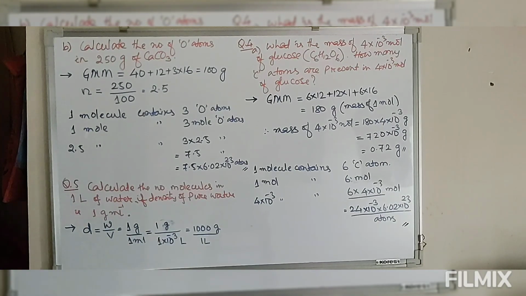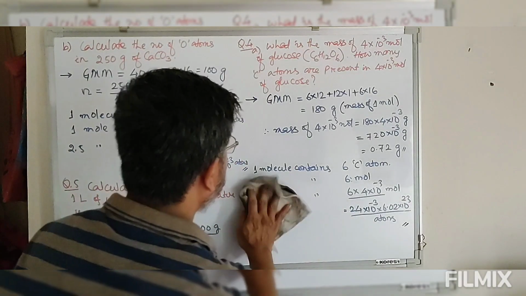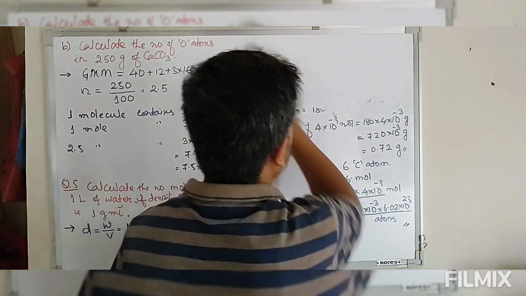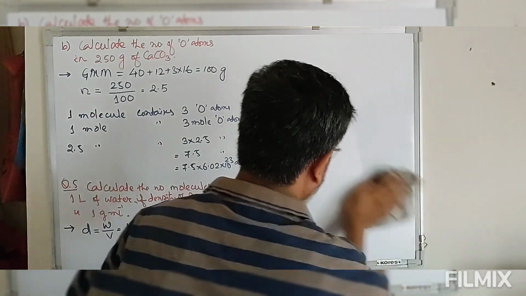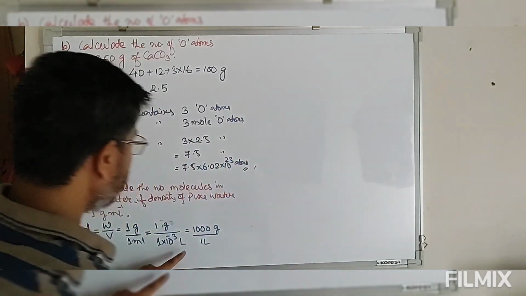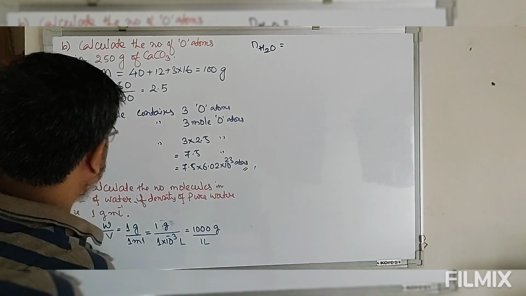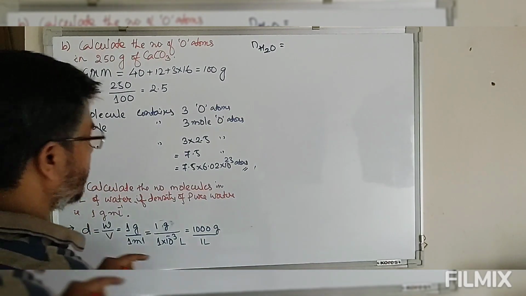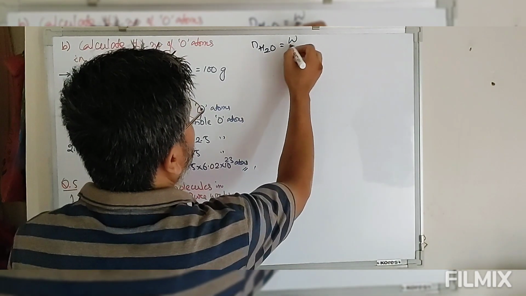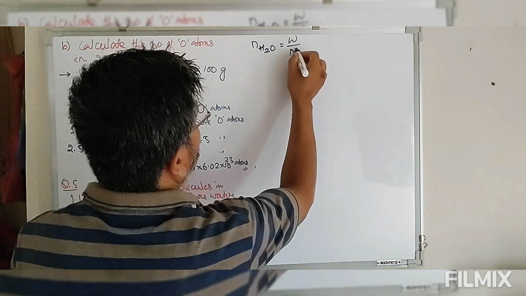Now we have the mass of water present in 1 liter. So once we have this mass, we can easily find the number of moles. So the number of moles of water is equal to the mass of water divided by the molar mass of water.